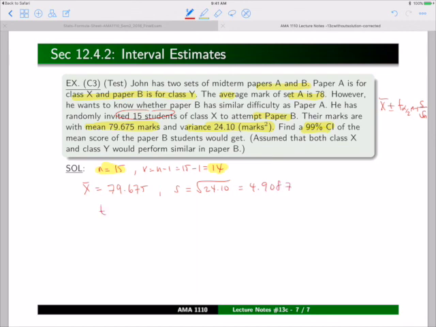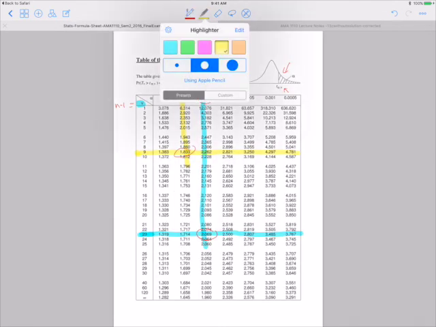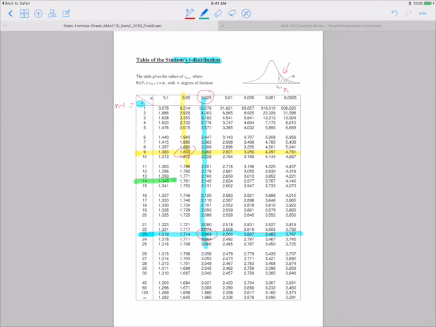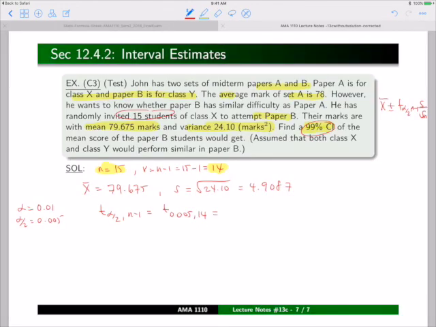Except for t alpha over 2, n minus 1, which in this case alpha is, so we want a 99% confidence interval, so alpha is 0.01, so alpha over 2 is 0.005. So we have t 0.005 with n minus 1, which is 14. We look at our t-distribution table, go to 14, area to the right, so it's this one, 2.977.